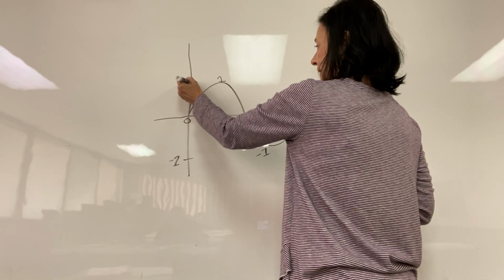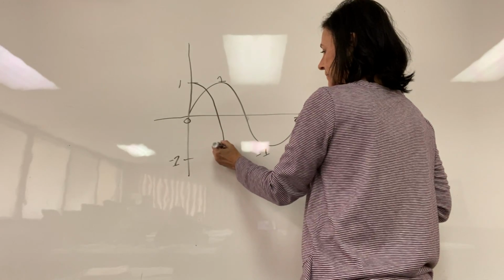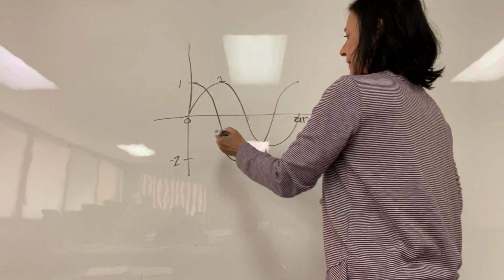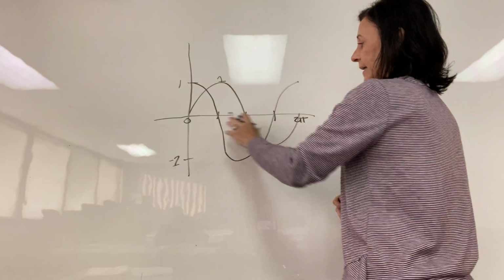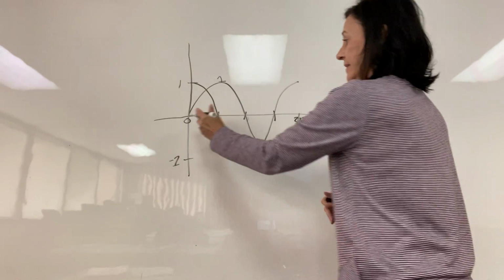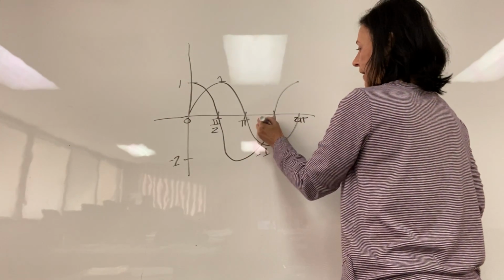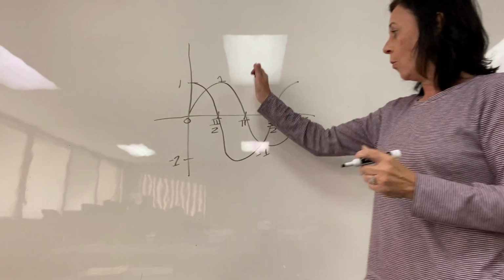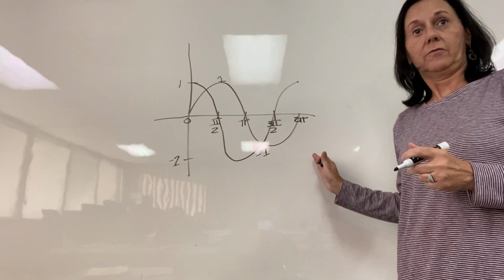It begins at 1, its maximum point is 1, goes down to 0, down to -1, and returns to 1. And each of these points is one of the quadrants, right? This is 0 to pi over 2. This is to pi, this is to 3/2 pi, and that's to 2 pi. These are all one quadrant of the unit circle.